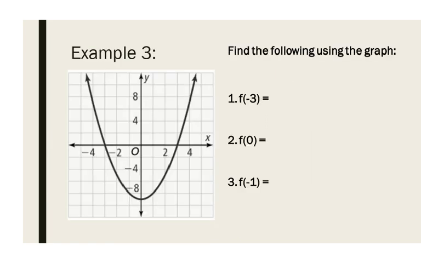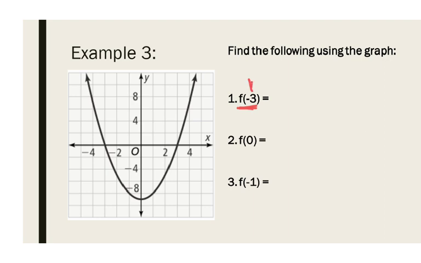So this time to find our answers, we're actually going to use the graph. So this time, instead of an equation, they give us this graph on the coordinate plane. They give us this U shape, which is a parabola, which is a quadratic function. So if we look at the first one, it says that we want f of negative 3. Now remember what this represents.